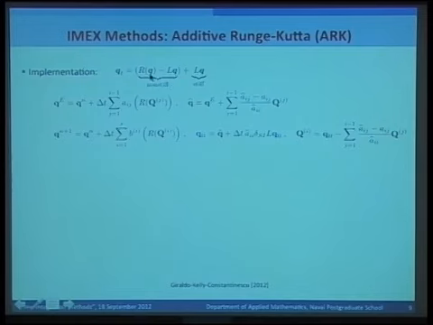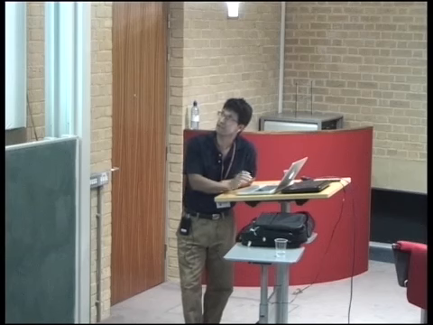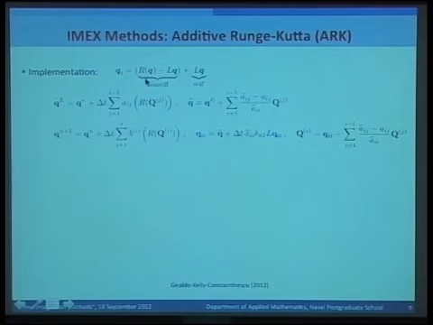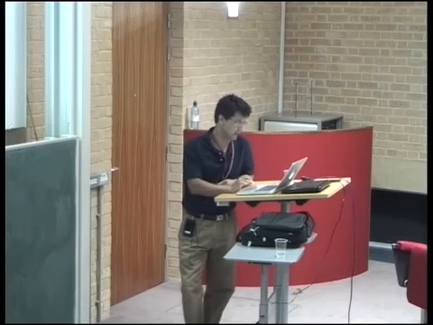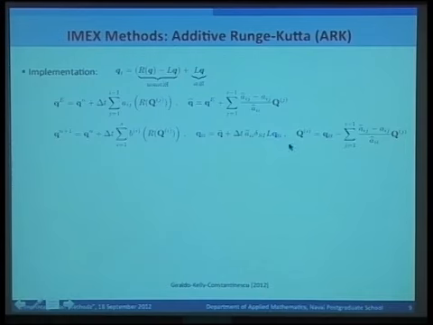Now R is a function of Q, whereas for the stiff part I'm saying L times Q. I could have said L is a function of Q, but since this is linear, I can just say L times Q. And it turns out that if you go through this derivation, which we have in this SISC paper, you can rewrite the IMEX RK methods exactly like a Crank-Nicolson method, a BDF method, or any multi-step method, in a very simple notation that is classical for semi-implicit methods. I don't want to dwell on this because it'll take some time, but I'd be happy to show you the paper.